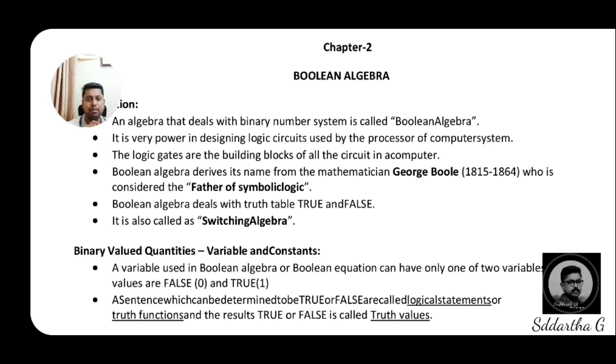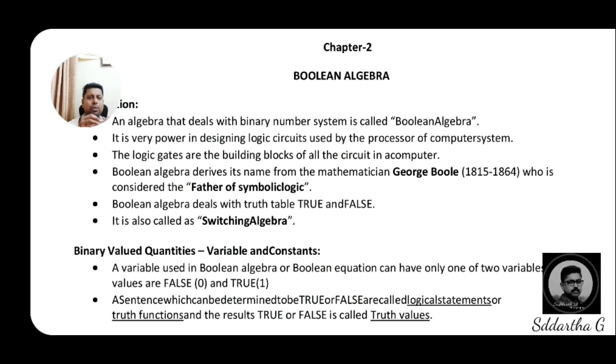And in this chapter, algebra deals with binary numbers, zeros and ones, as we discussed earlier. Zero we always treat as representing a false statement, and 1 always represents a true condition. So hence 0 and 1 will be used in this chapter.